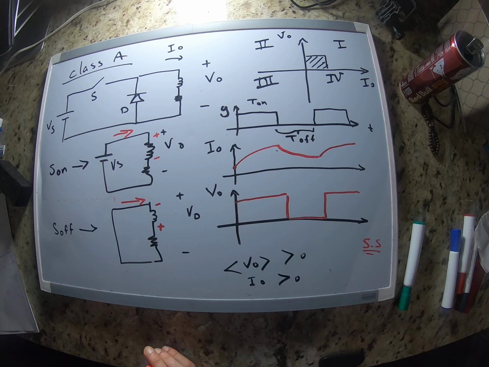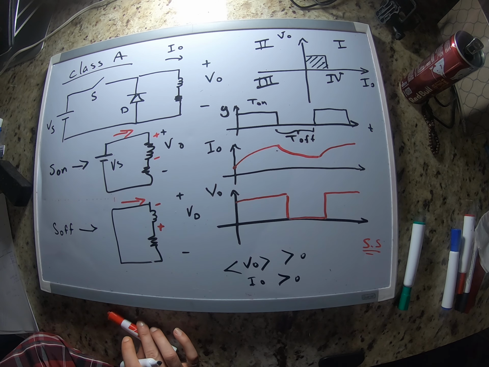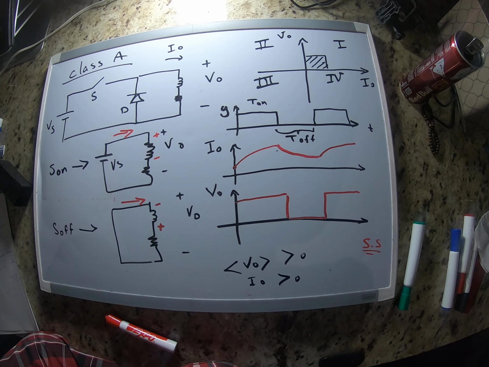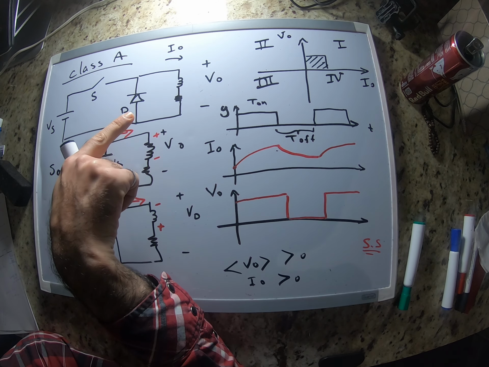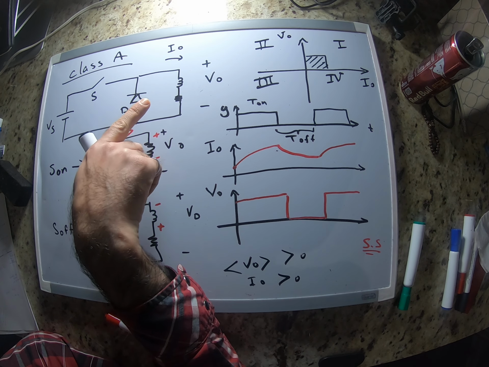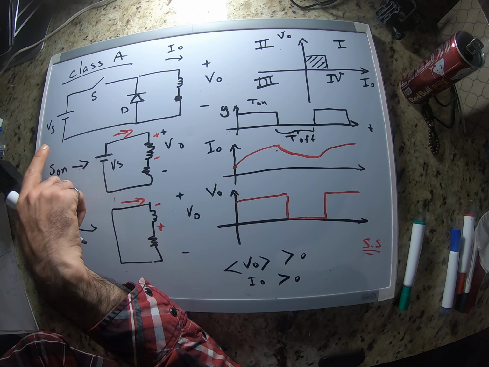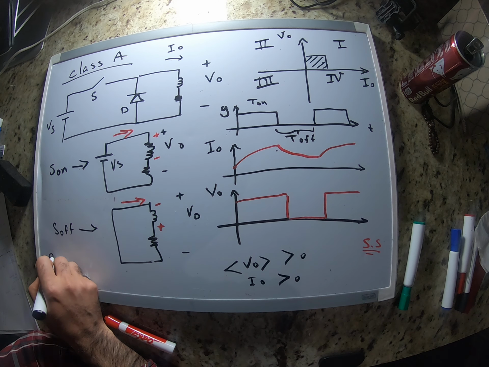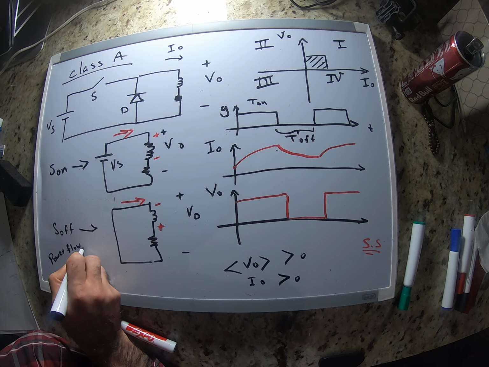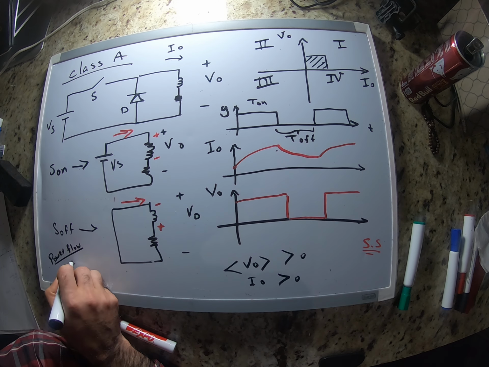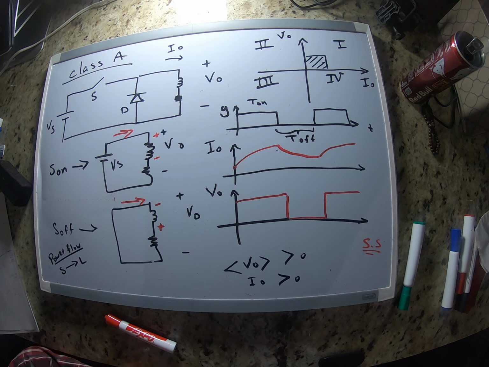So it only operates in the first quadrant, and you can always see that the power flow is always from source to the load. We never have power flow going from load to the source. So in this class, power flow is always from source to the load.